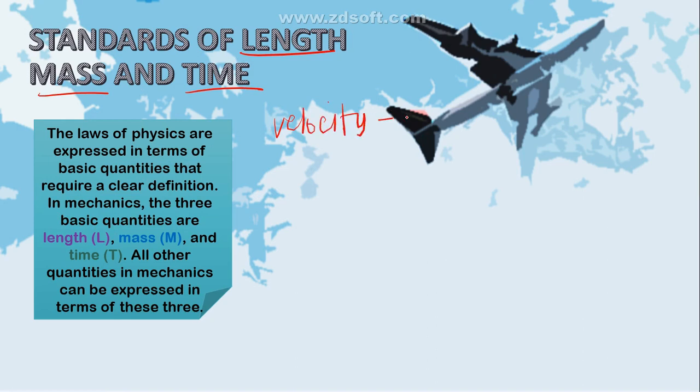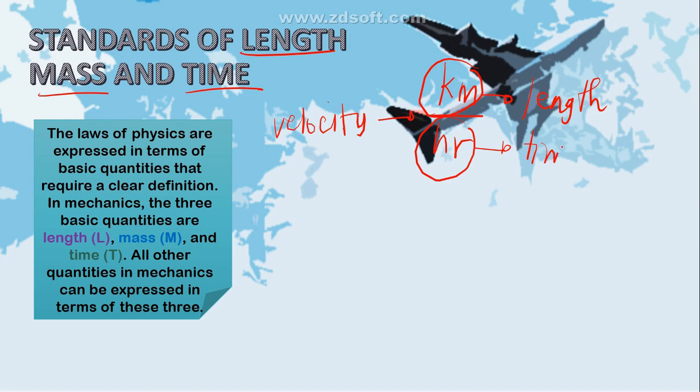Usually, if you see speed limits on highways or expressways, you will see them in units of kilometers per hour. If you analyze it, kilometers is a unit of measure for length or distance, whereas hour is a unit of measure for time.